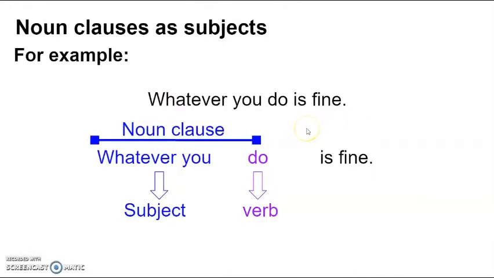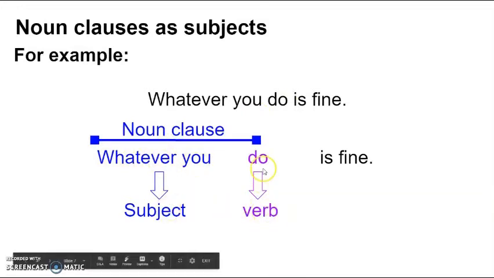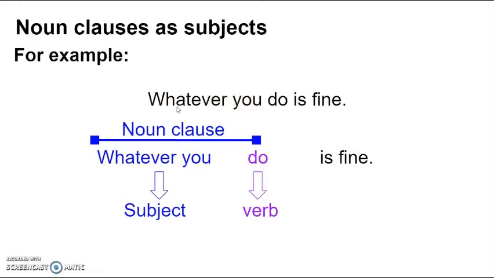Let's pay attention to this example. Whatever you do is fine. But now let's decompose this sentence. The noun clause is whatever you do. Until this part, this is the noun clause. So whatever you is the subject and do is the verb. Remember that a clause is composed of a noun and a verb.